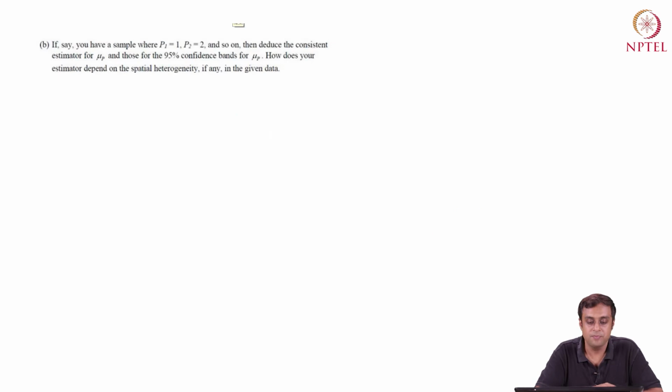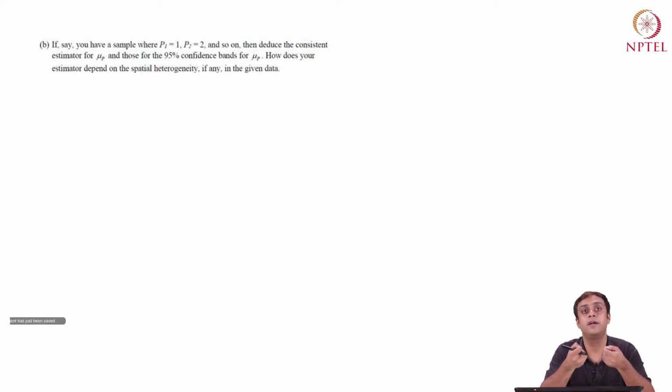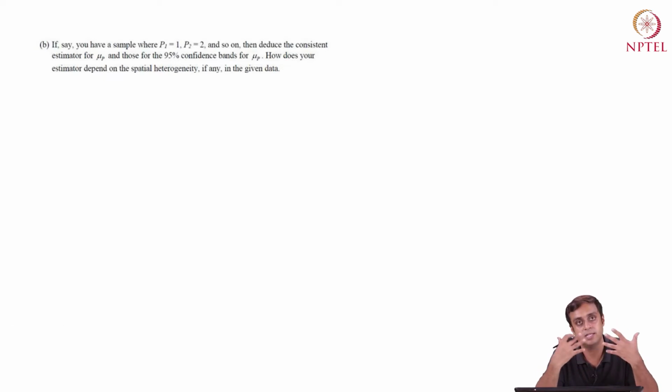Next it says, say you have a sample, meaning realizations at each value on that circle, where P1 is 1, P2 is 2, and so on. So the value of Pi is simply i, which is the value of the home at location i is just i. So somehow the location itself is an indicator of value. It's a very specific example.